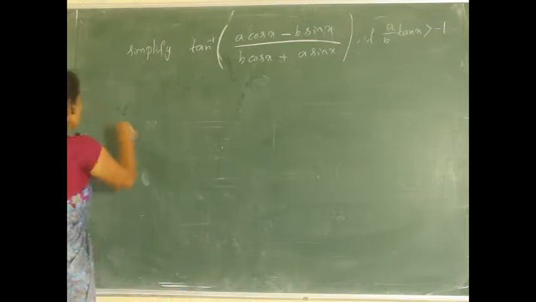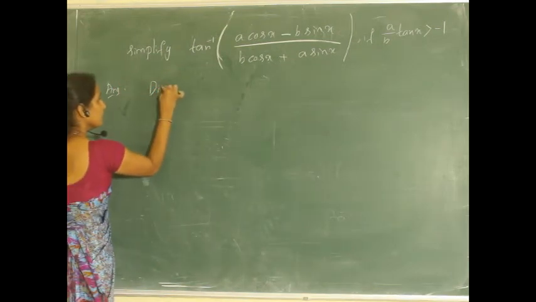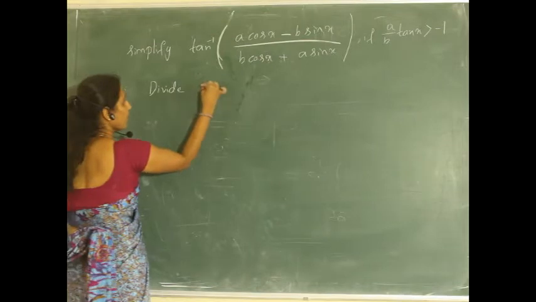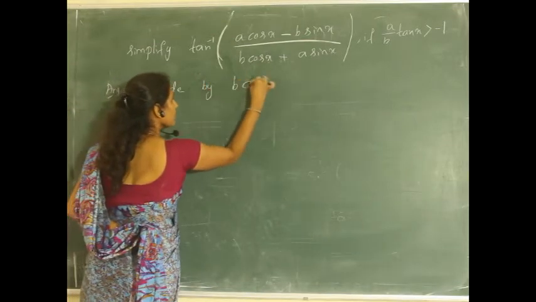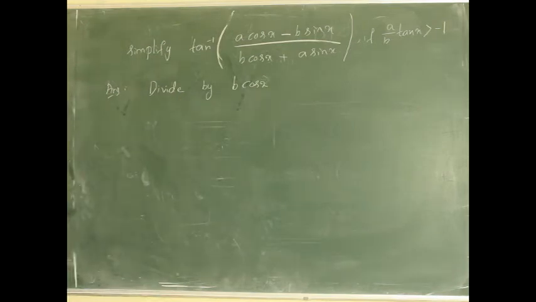So divide numerator and denominator by B cos x.